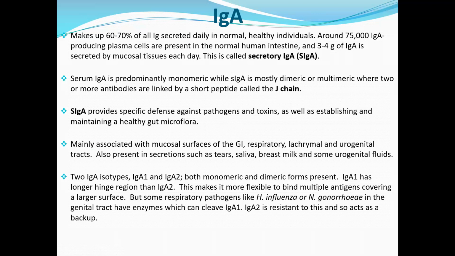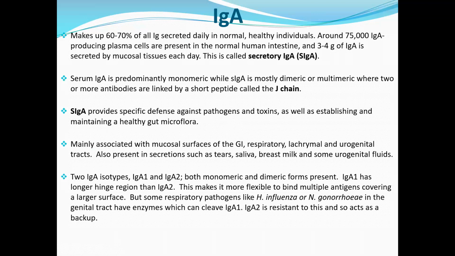IgA is the largest amount of antibody produced in the body. But if you look in the blood, the predominant antibody, as you know, is IgG.